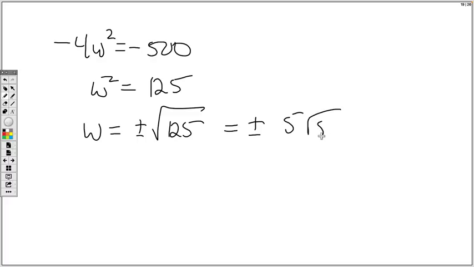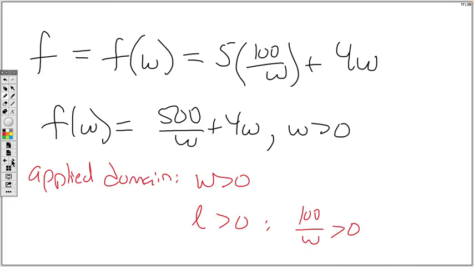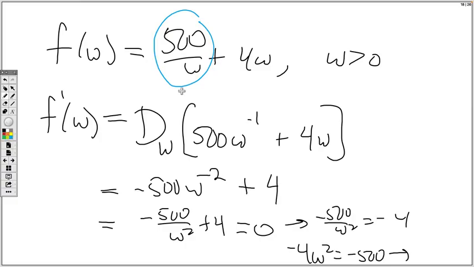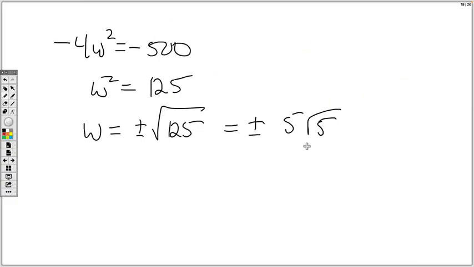There you go. Now, which of these do we care about? Our applied domain, we're looking at w bigger than 0. So which of these do we care about? That one.